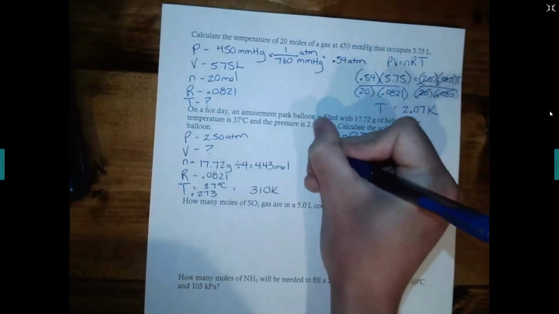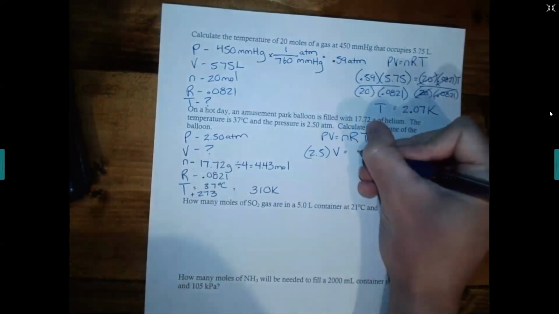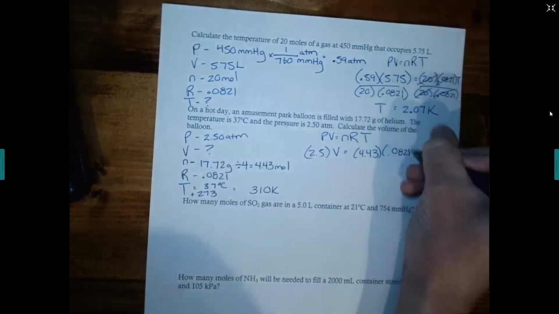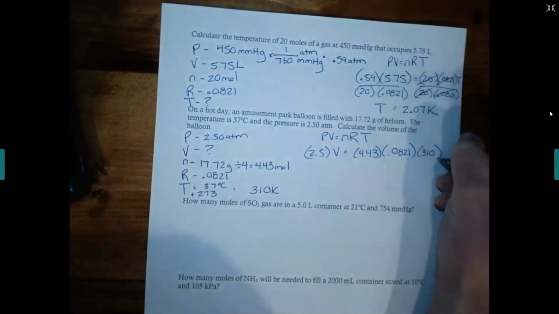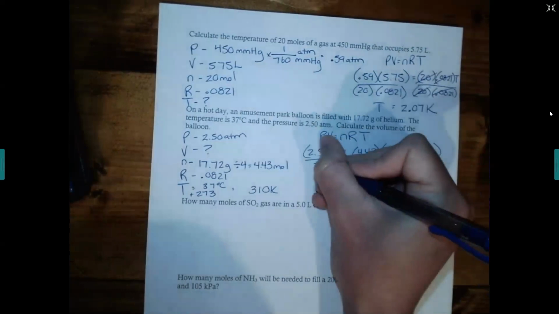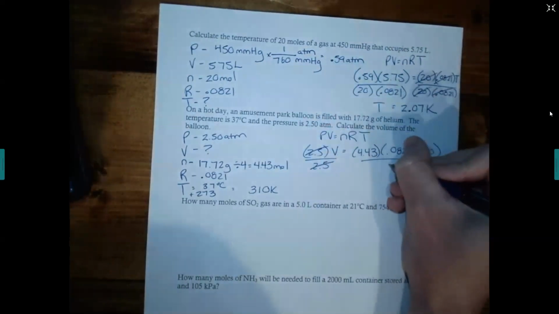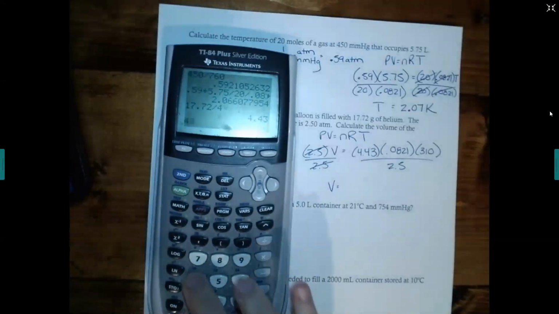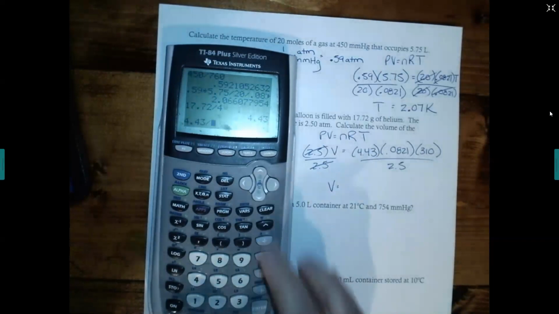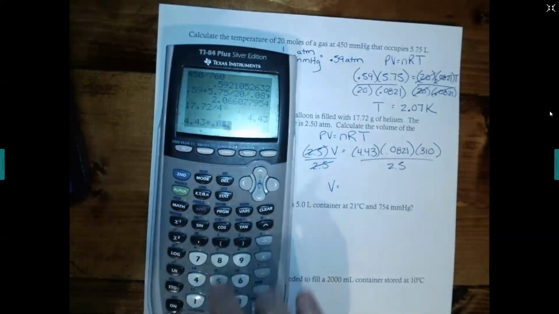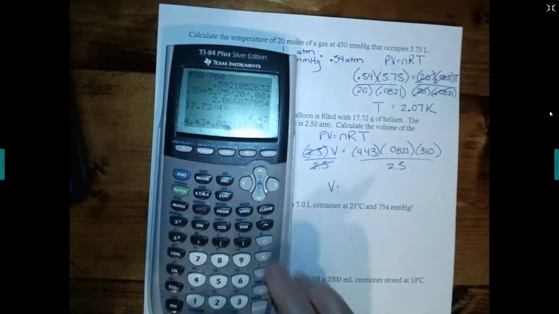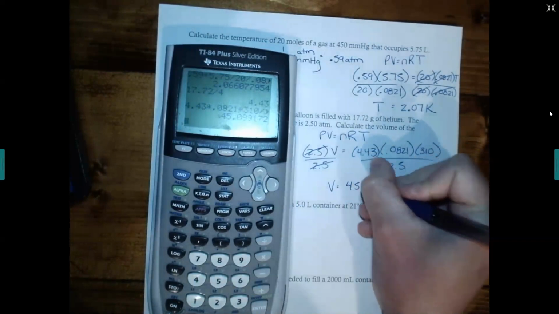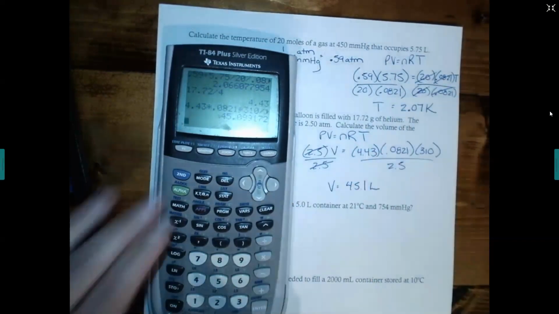So 2.5 times V equals 4.43 moles, 0.0821 times 310. We're going to divide everything by 2.5 so that we get V by itself. 4.43 times 0.0821 times 310 divided by 2.5. We get 45.1 liters.